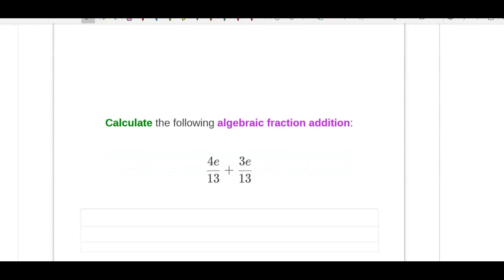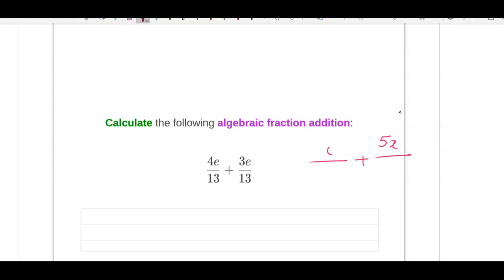Now, once again, I will take, let's not take 13, take another number, right?